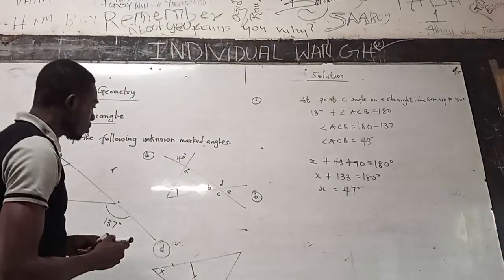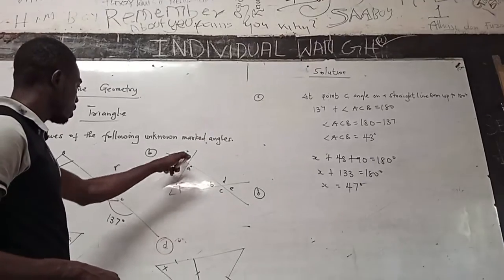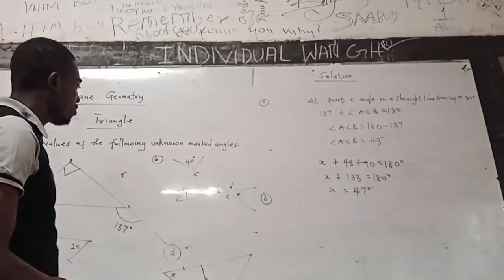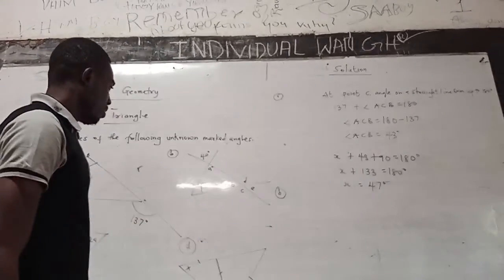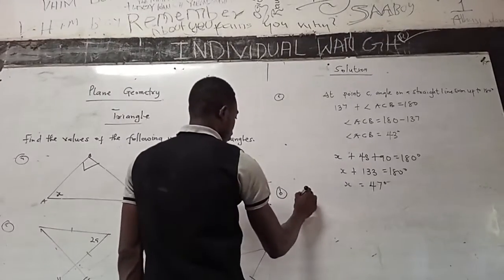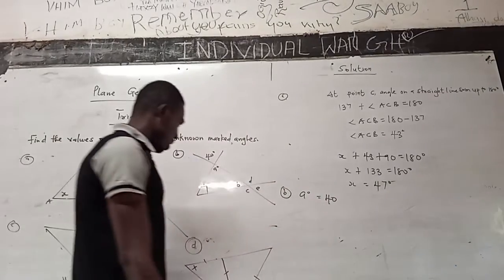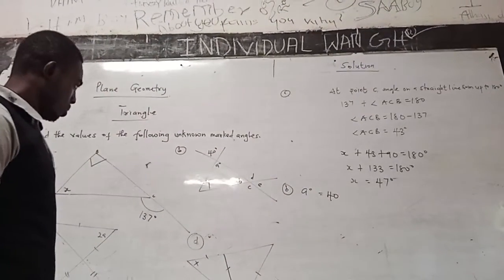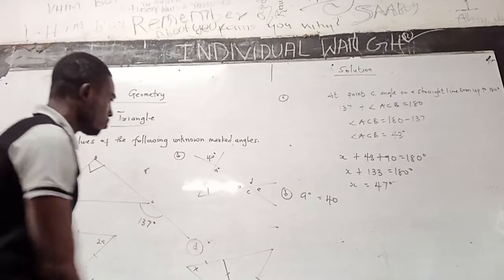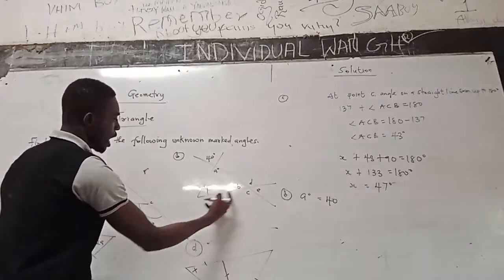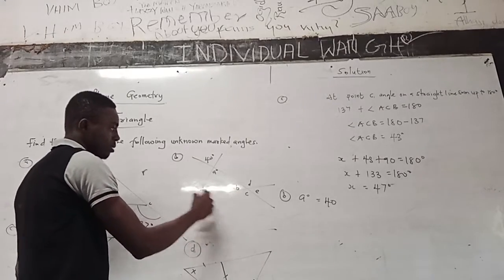Let's go to B. Since we know that this is what we call vertically opposite, here is going to be 40. Angle A is equal to 40 degrees. So once angle A is equal to 40, we can find the angle in the triangle here. Here is 90.